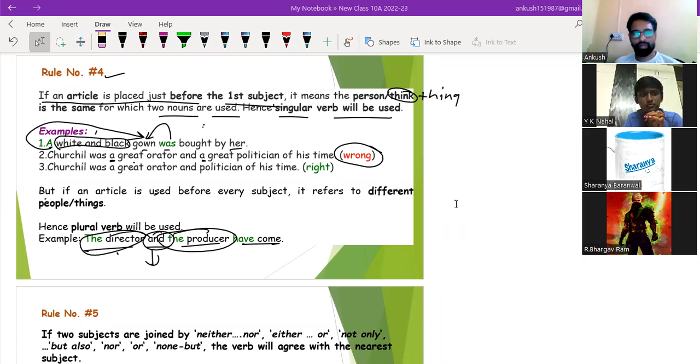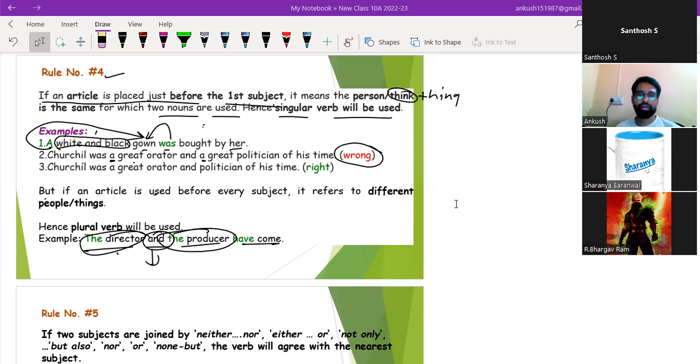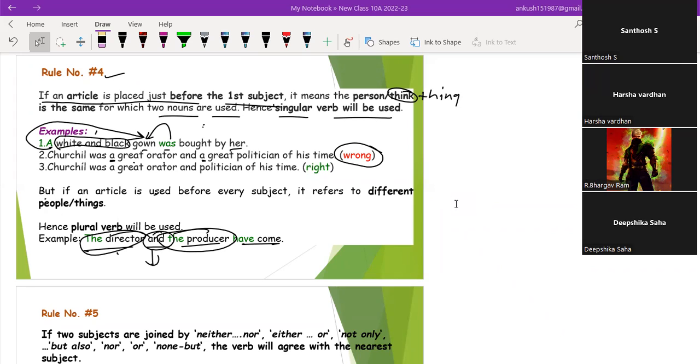Bhuvanesh, Bhargav. I'm calling your names, but you are not responding. Everyone please raise your hands if you are present. Deepshika, nowadays you are very silent in the class. Aisha is there. Aisha always joins the class first.